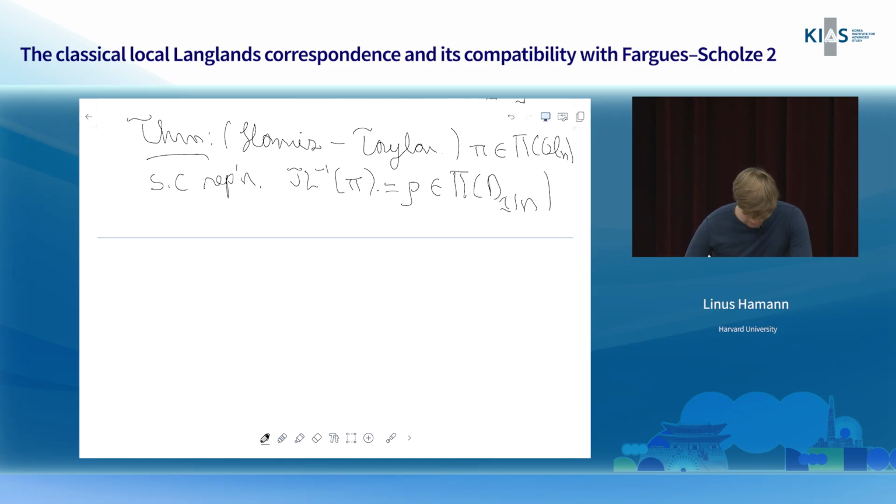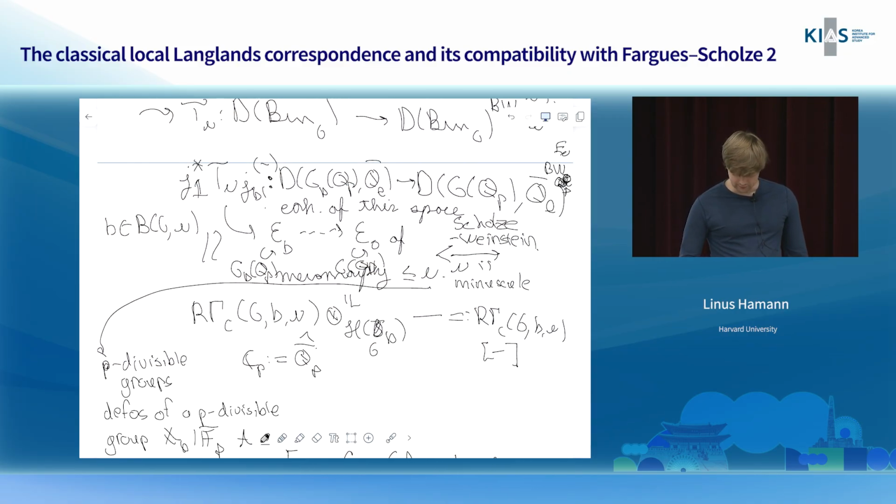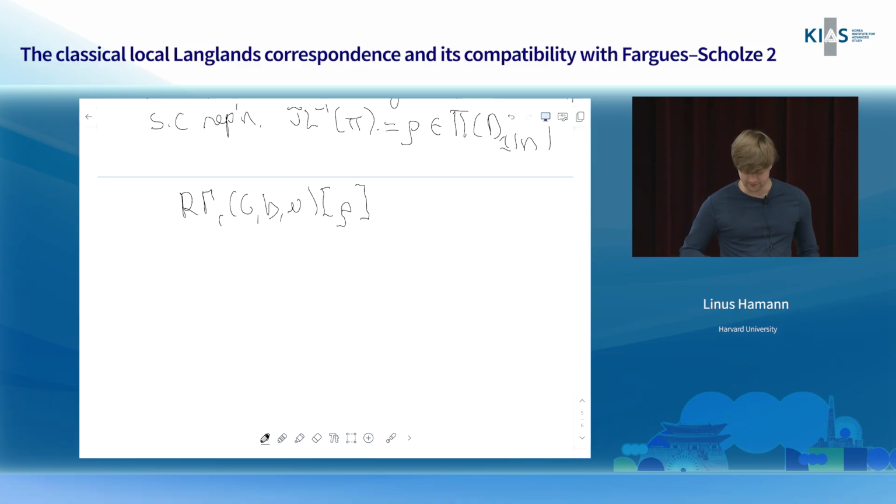This will be some representation rho of this division algebra. And what they showed is that if you take the R gamma C GB mu in this case, and take the isotypic component with respect to this representation rho, so again, that's a GLN of QP representation with an action of the Weil group of QP, then the GLN action is given by the supercuspidal representation pi, and the Weil group action is given by the Harris-Taylor parameter of pi.